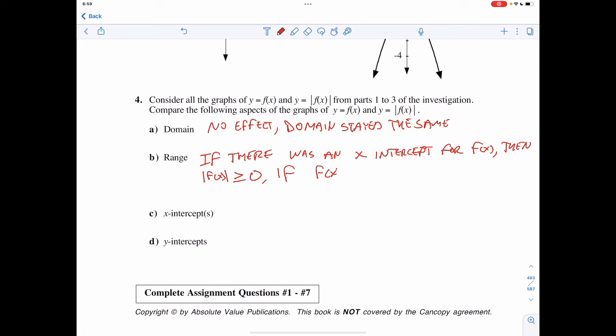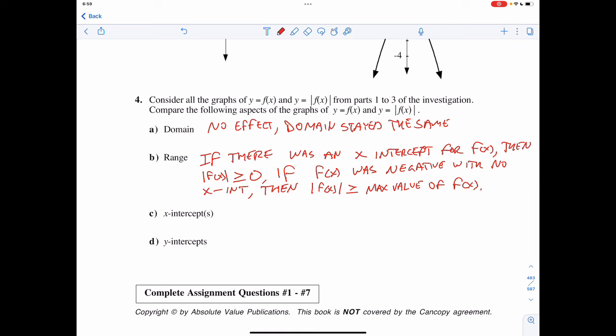If f of x was negative, with no x-intercept, then absolute value of f of x had to be greater than or equal to the max value of f of x.